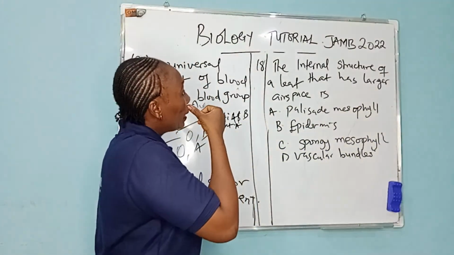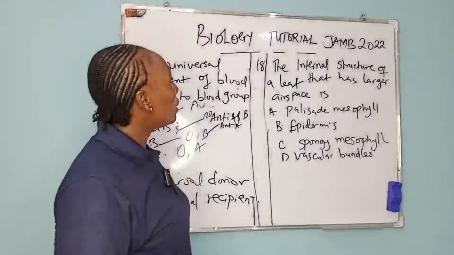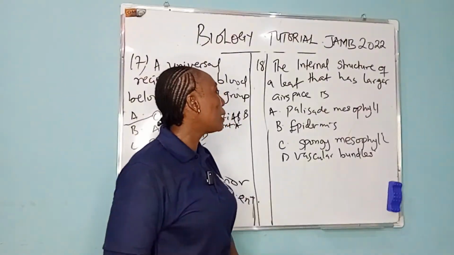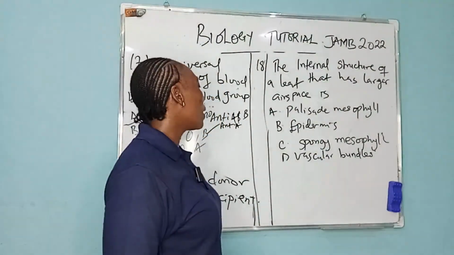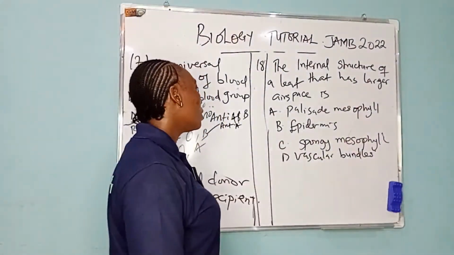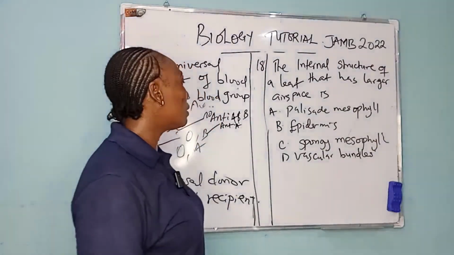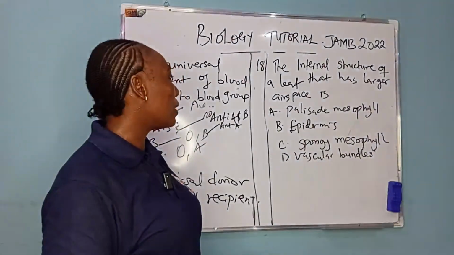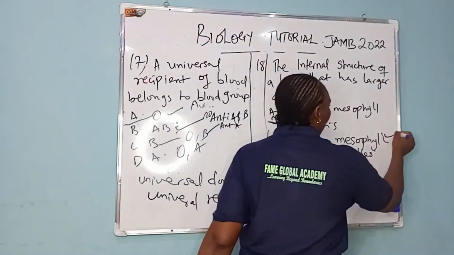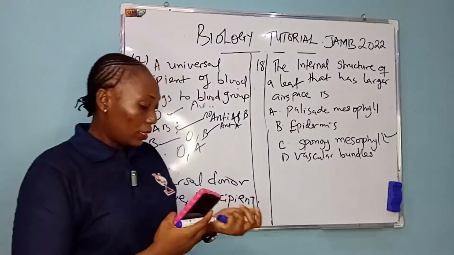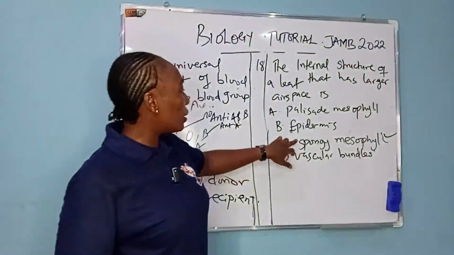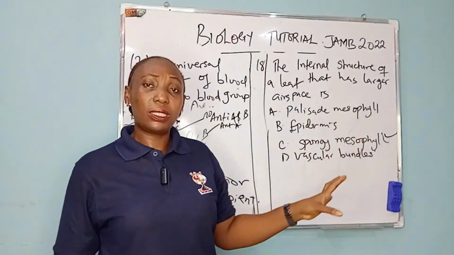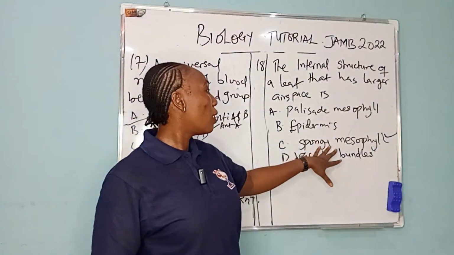Okay. The internal structure of the leaf that has larger air space is A, palisade mesophyll, B, epidermis, C, spongy mesophyll, and D, vascular bundles. The correct answer here is spongy mesophyll, because here the cells are loosely packed and thereby creating large air spaces for air to flow.